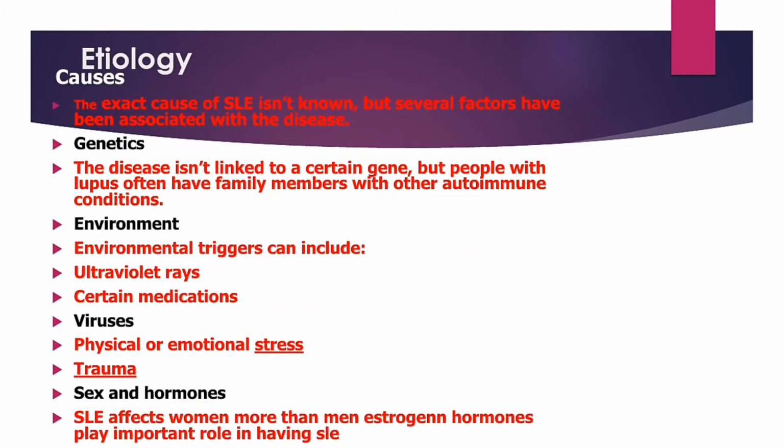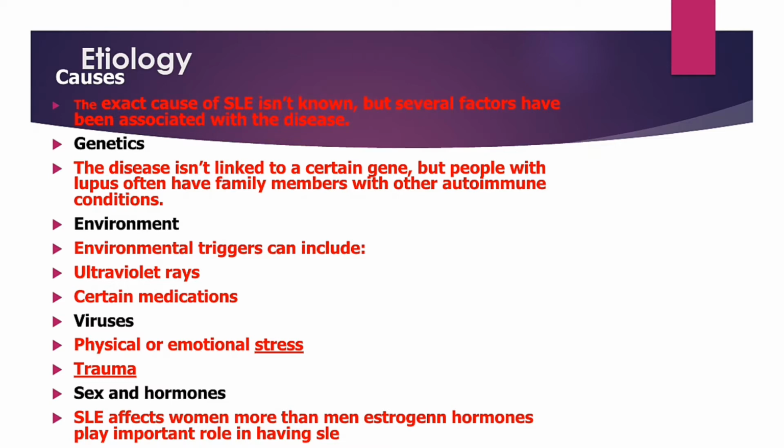Let's see the etiology of SLE. The exact cause of SLE is unknown, but there are several factors that may be associated with the disease, such as genetics. The disease isn't linked to a certain gene, but people with lupus often have family members with other autoimmune conditions. So if your family has some autoimmune condition, then there is a high chance that it may predispose to SLE. Also, environmental triggers such as ultraviolet rays, UV rays, have the potential to trigger SLE.